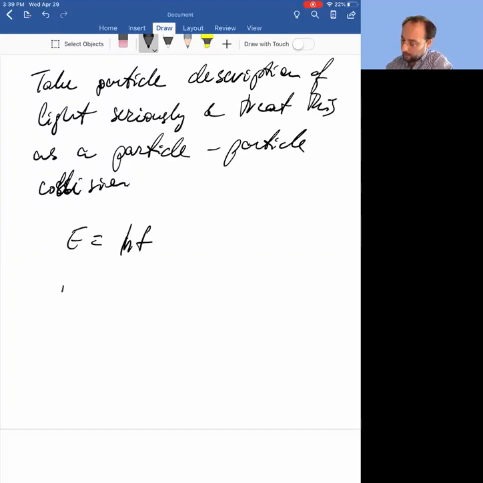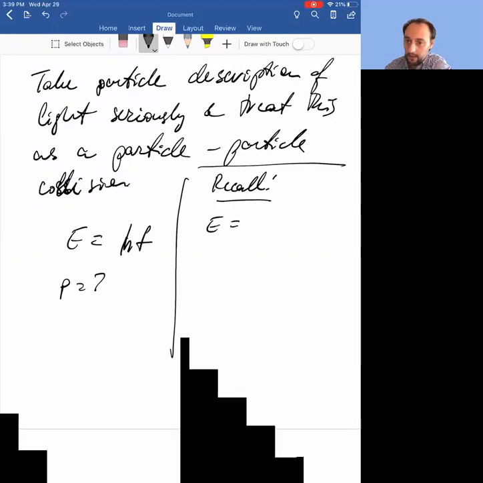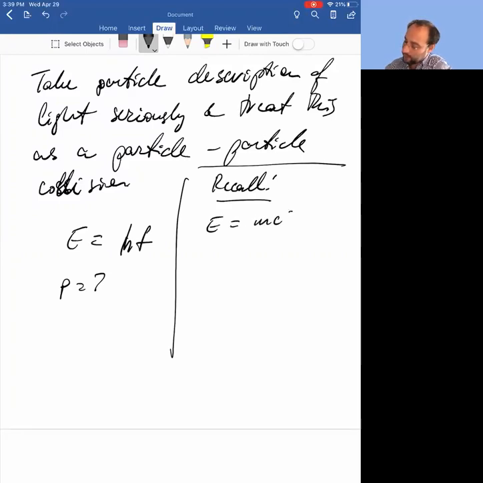And what about the momentum? Well, I have to open a little box. Let's go back to relativity. This is where relativity is actually important. Recall that in relativity, we have the following relationship: E equals mc squared over the square root of 1 minus u squared over c squared, okay?